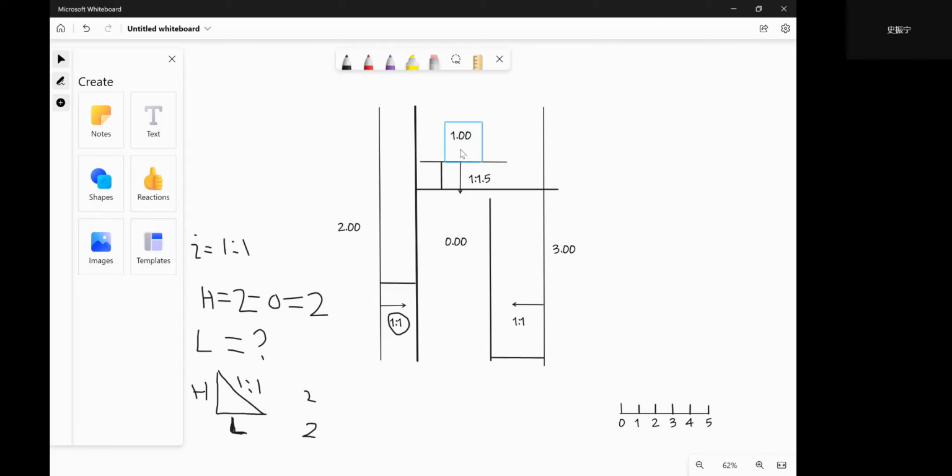So the difference is 3 minus 1 is 2, and the slope is 1 to 1. So I have to use this, because this distance is 2. Okay, and I put it here, and then draw a line through this point.